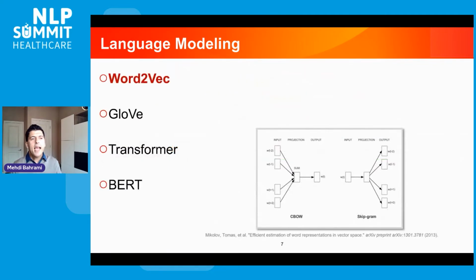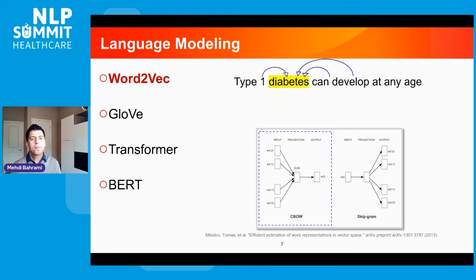There are different approaches to train models to understand this structure. First of all, we're going to look at word to vector. In word to vector, there are two scenarios. One approach is continuous bag of words, where we look at the words that appear before and after the target word.